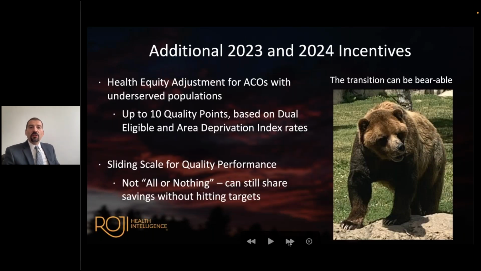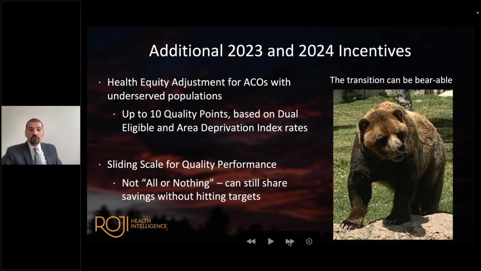There are also some additional 23 and 24 incentives making your transition bearable. The first is that there is a health equity adjustment for ACOs with underserved populations. That translates into up to 10 quality points, and when they're looking at underserved populations, they're looking at patients that are dually eligible, and they're also looking at what is called an area deprivation index, which was flagged in the 2023 final rule.